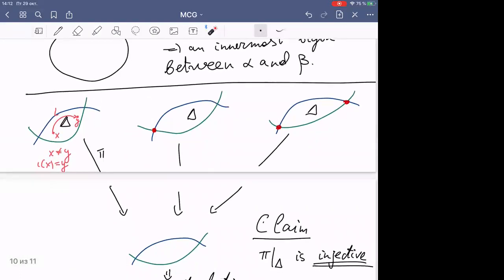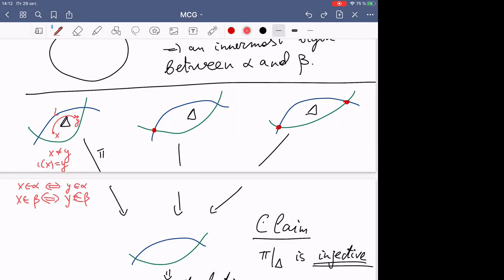We know that both our curves are symmetric. Each of them is taken to itself by the hyperelliptic involution. Hence, x belongs to beta if and only if y belongs to beta, and the same for alpha. So either both points are inside delta, or they are both on alpha, or both on beta, or both intersection points.